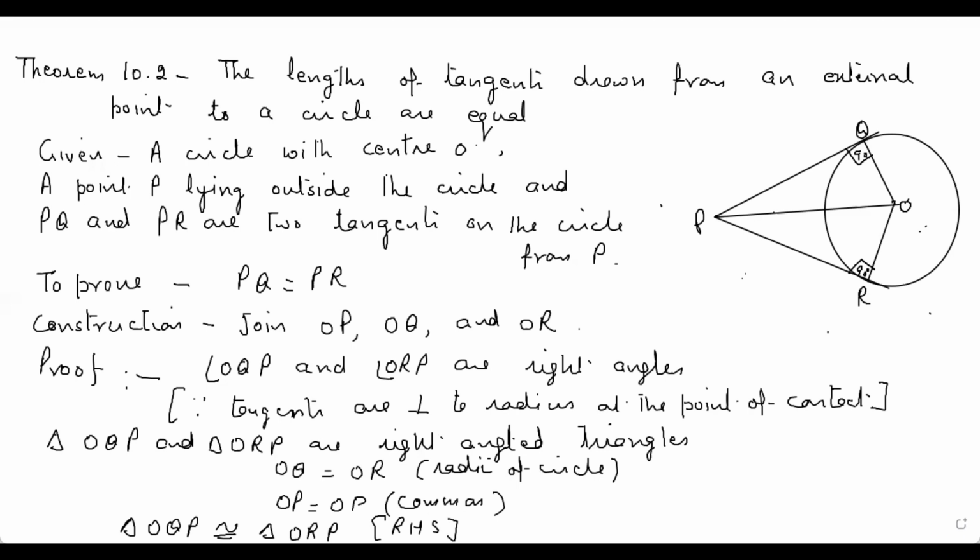So by the RHS property, both triangles are congruent. By CPCT, PQ is equal to PR, corresponding parts of congruent triangles. So this is what we wanted to prove.